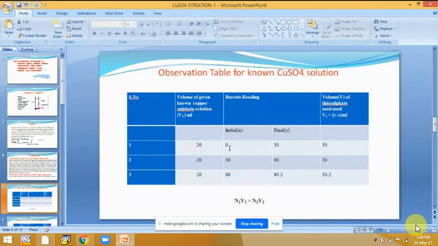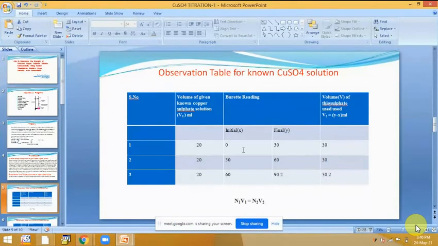That means you fill the burette up to the 0 mark. And when you titrate, for example, 30 ml is your burette reading. That means 30 ml of hypo solution is consumed during this titration. So your final reading, that is V2, this y minus x, that means final minus initial reading, will be 30.